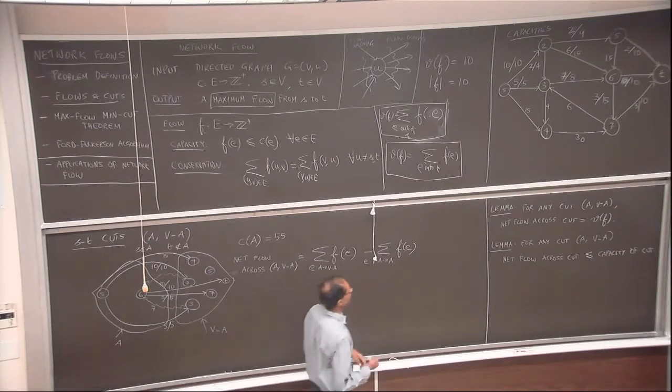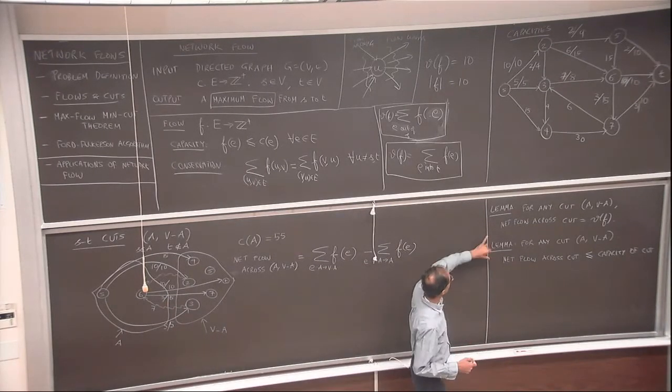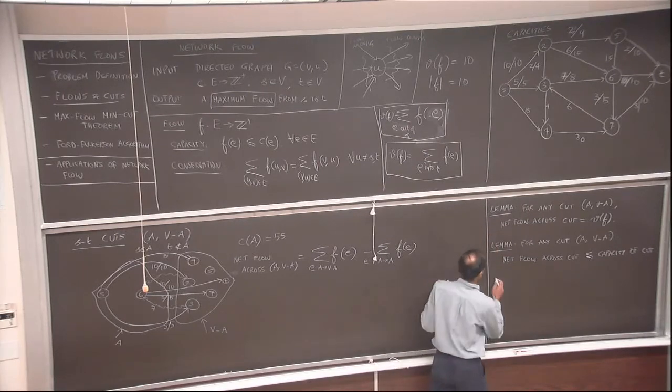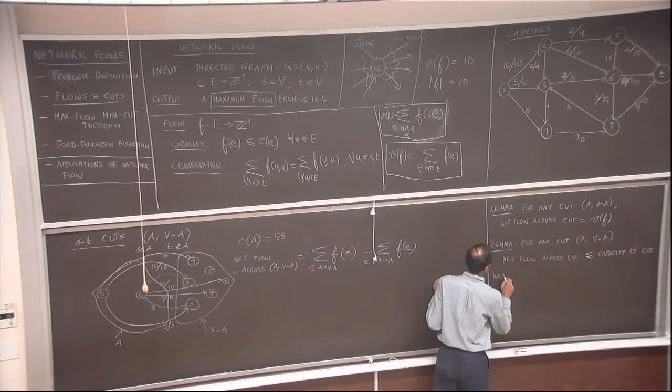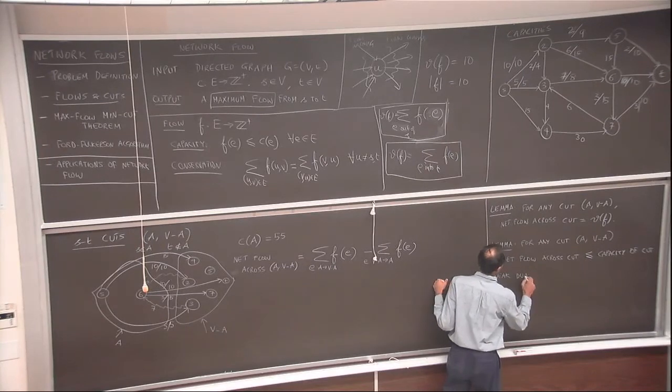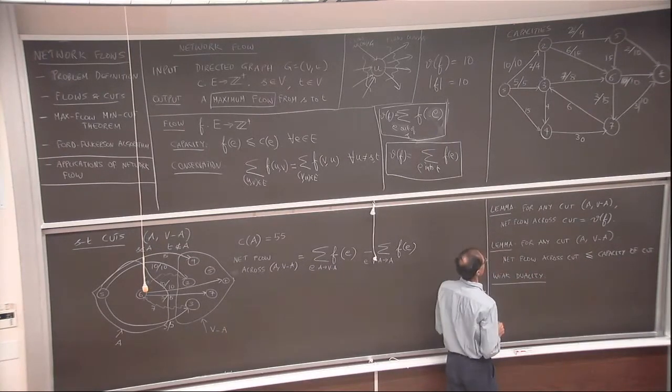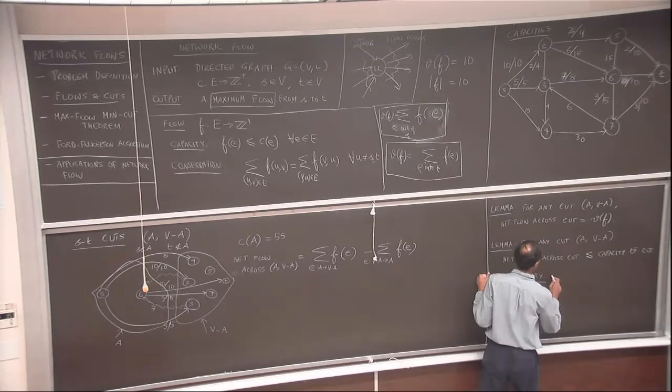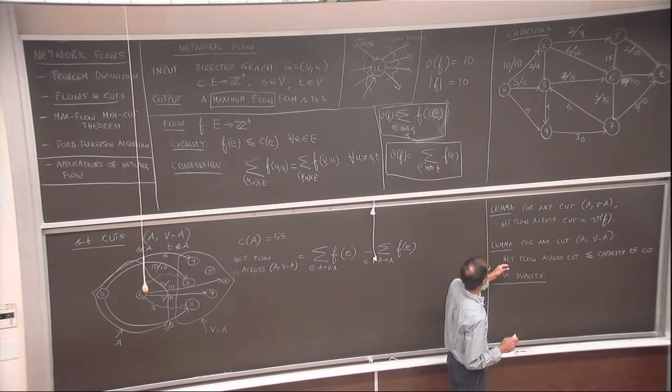Okay? So these two together imply what's called a weak duality lemma, which says that, notice that this is true for any flow, right?